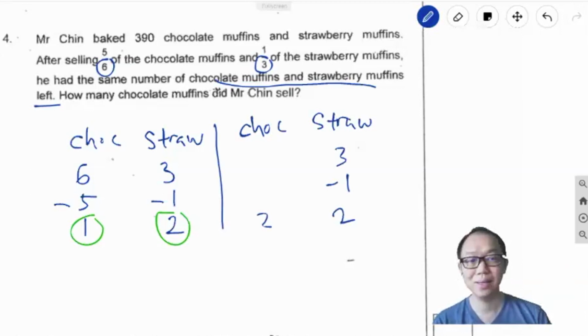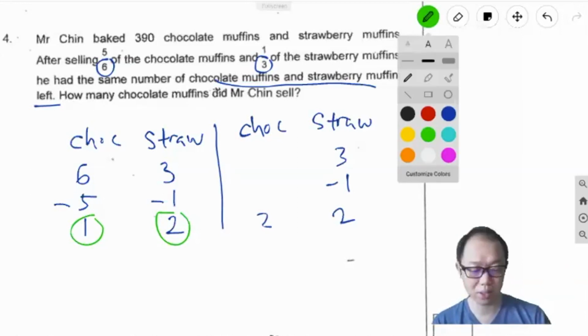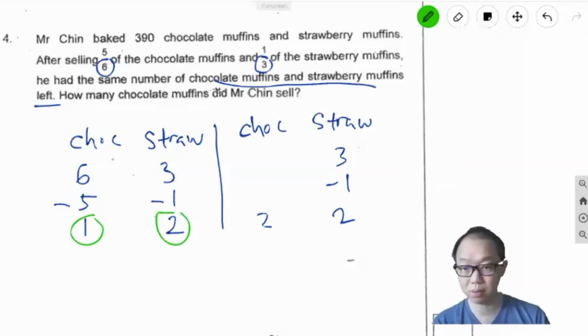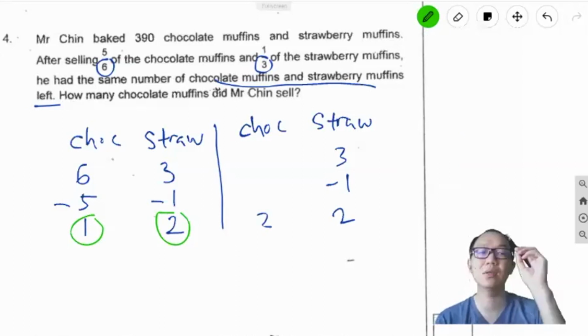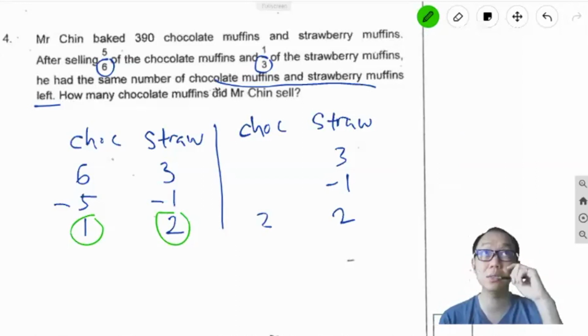So for the chocolate, what I need to do is multiply everything by 2. Must the denominator be the same? No, the denominator doesn't need to be the same in this case. This is not a common denominator.